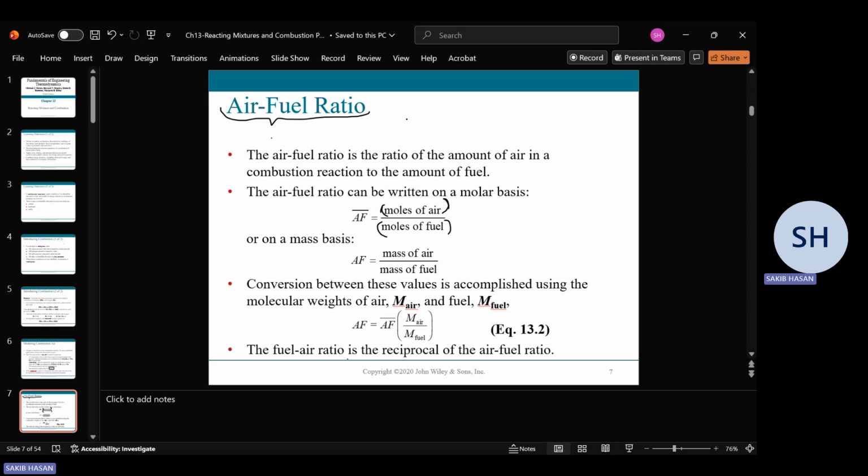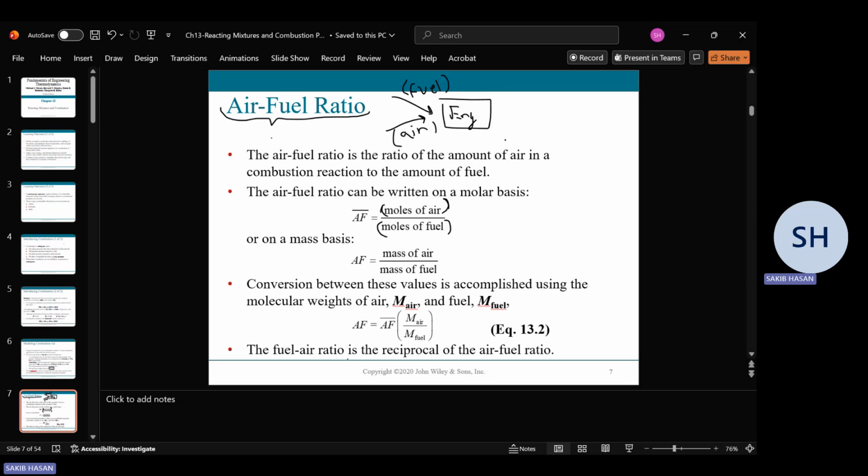Because when you're pulling in air and you're pulling in fuel into your engine, you need to determine the relative amounts of these two in order to get the ratio just right, where you're not getting an incomplete combustion.